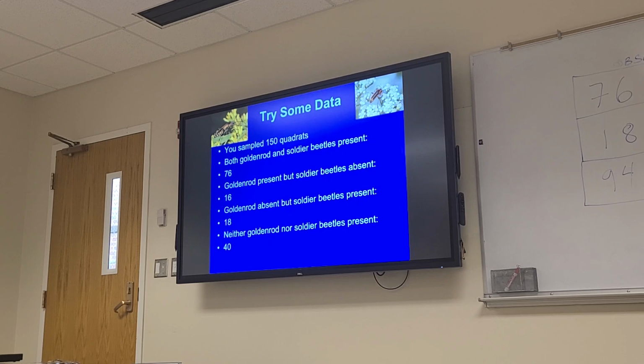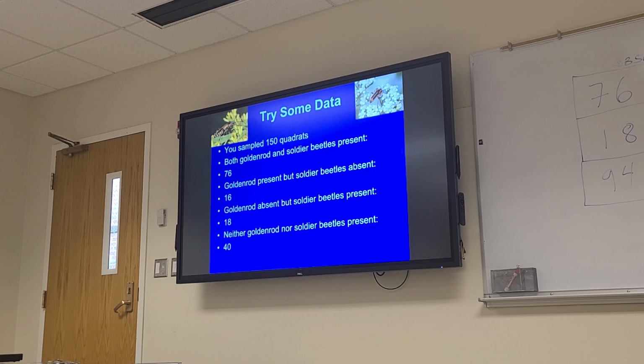Okay, now I want this value, which is going to be observed 18 minus 36, squared, divided by 36. 9. This value is 16 minus 34, squared, divided by 34. 9.5.